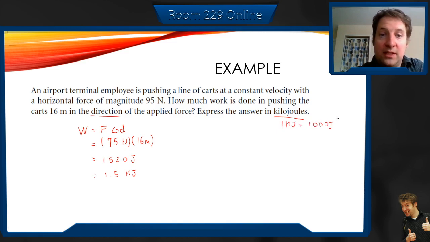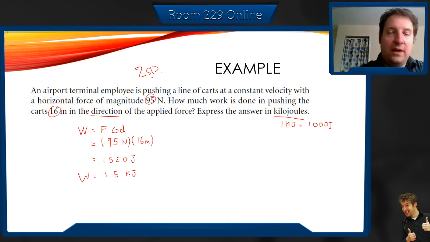Then, using significant digits, 2 sig digs, our answer has to be in 2 sig digs as well. So our final work, 1.5 kilojoules.